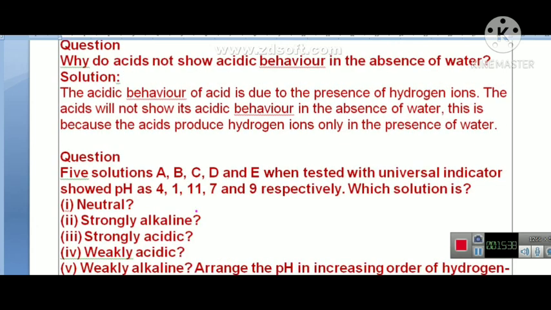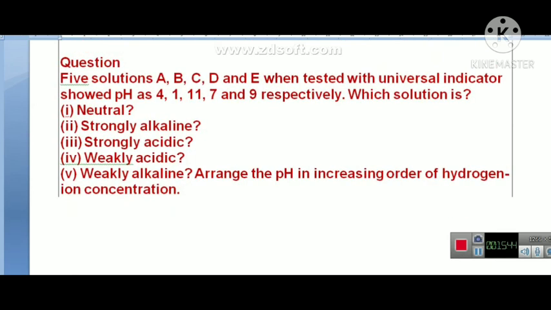Why do acids not show acidic behaviour without water? Here five solutions A, B, C, D, E are given.